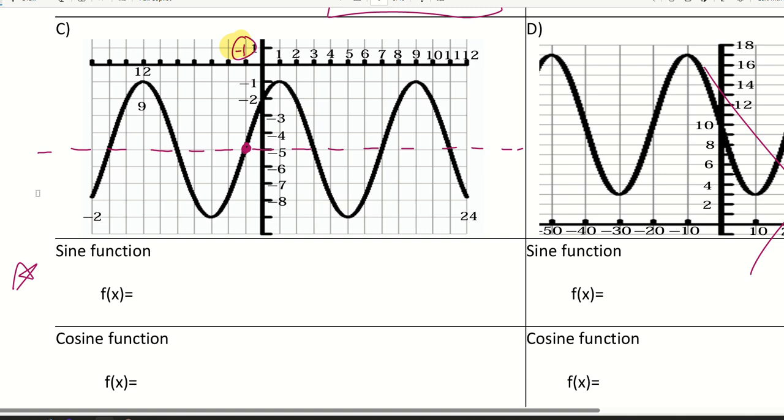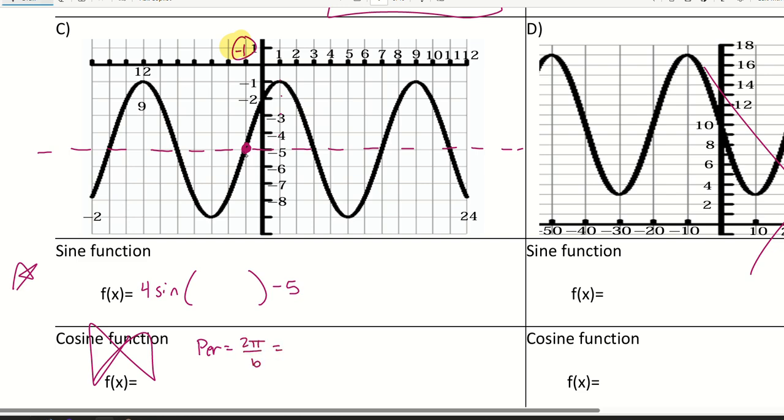So I'm going to just delete this so I can use this as my scratch work. I can see that my amplitude is 1, 2, 3, 4. So it'll be 4 sine of whatever, we'll get there, and my midline's at -5. So now my b value works with the period. The period equation is 2 pi over b.